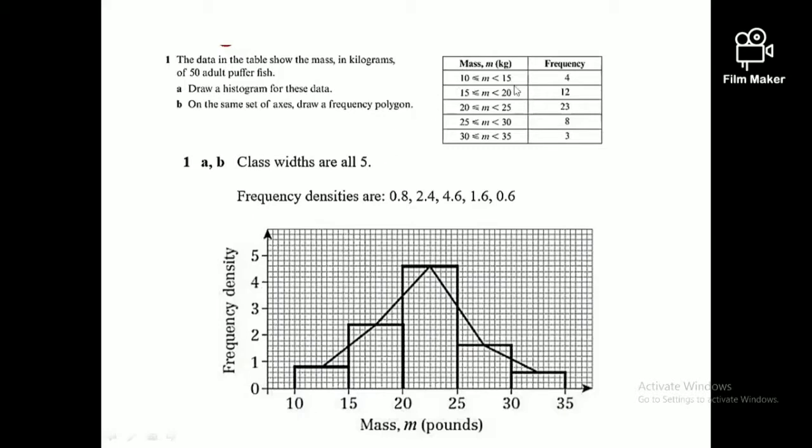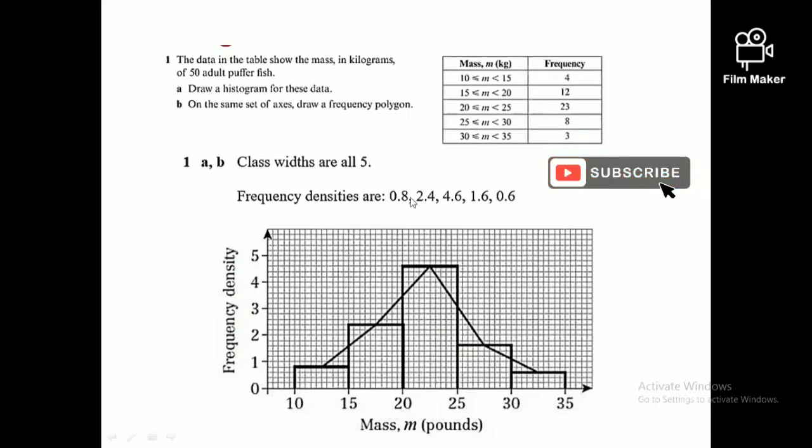Here the class width is 5. Here the class width is also 5. This one also 5, this one also 5, and this one also 5. In that case, if you want, you can mark the frequency straightforwardly on your y-axis. But apart from that, you can also mark the frequency density on your y-axis.